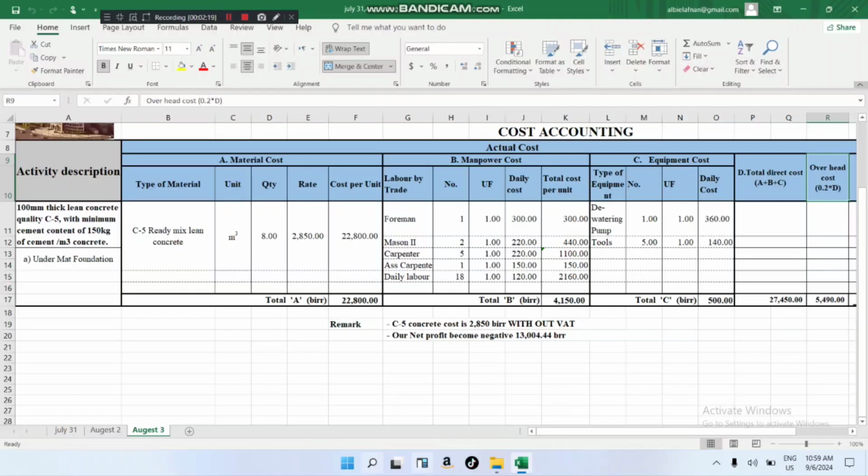Overhead is the cost of the engineers, like the cost of salary or like this. From each work there is a percent you have to add to each material cost or the work cost.